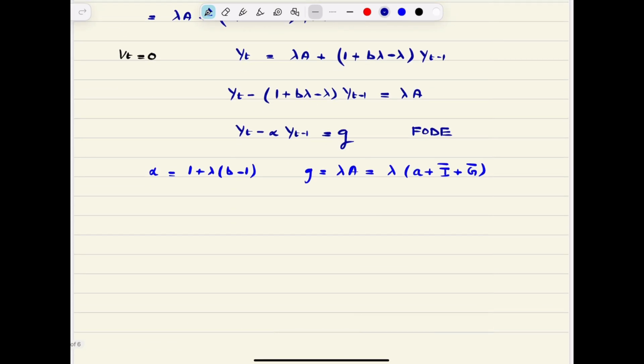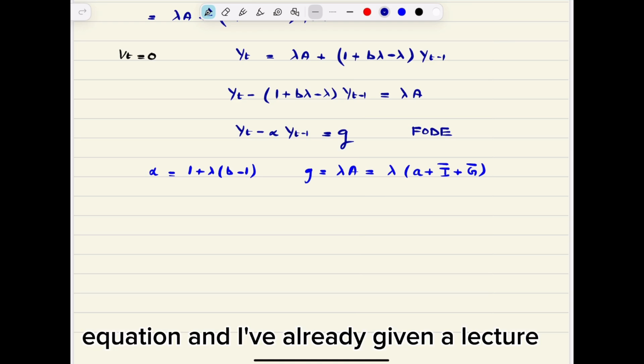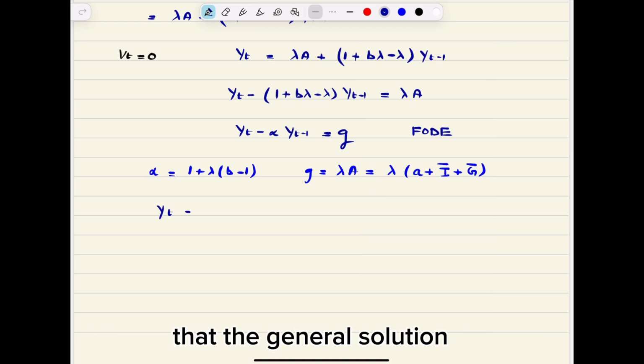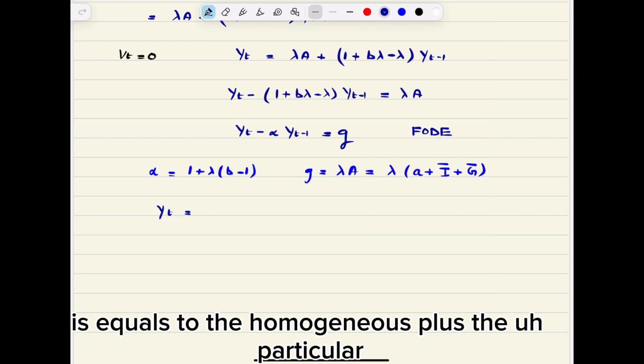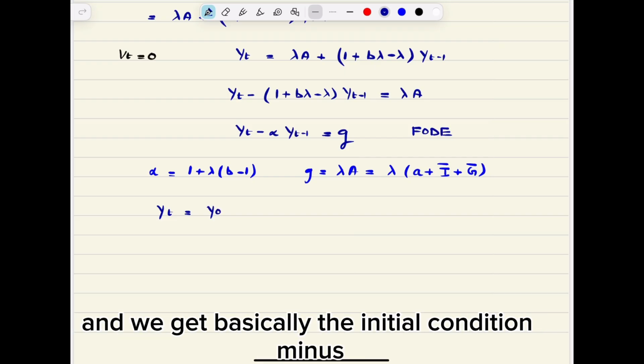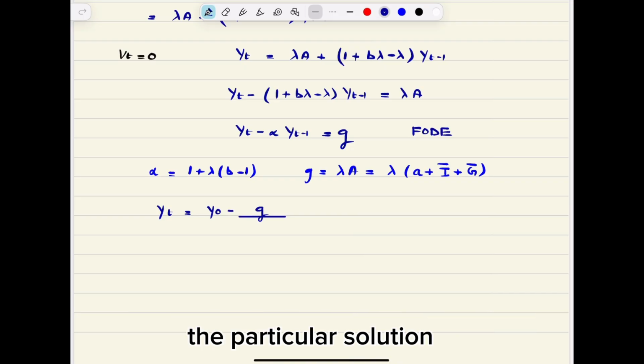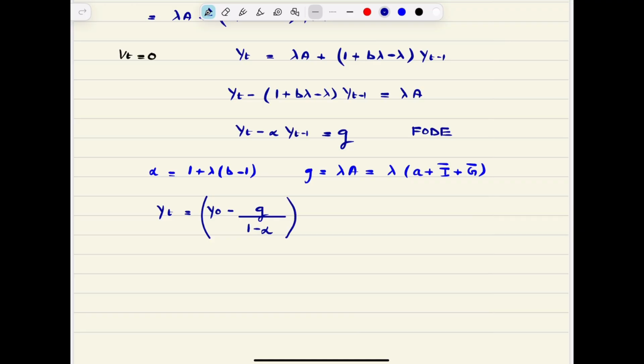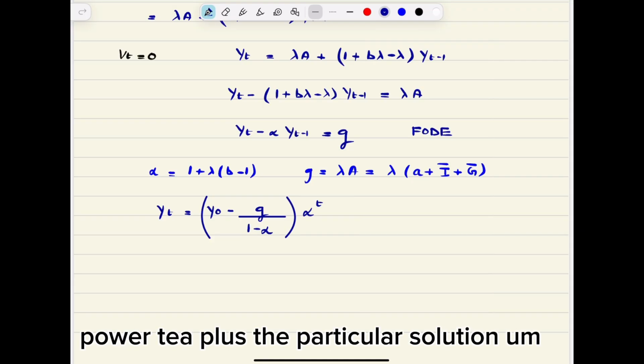This is a first order difference equation, and I've already given a lecture that the general solution equals the homogeneous plus the particular, and we get basically the initial condition minus the particular solution into alpha power t plus the particular solution.